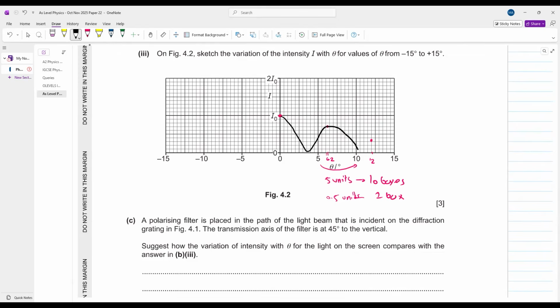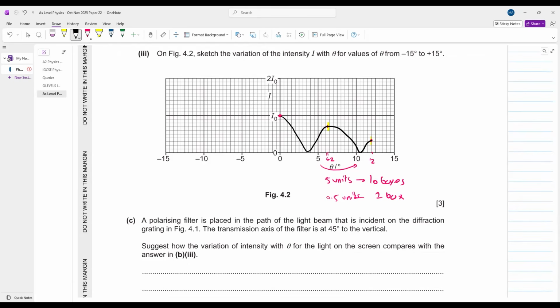Can you realize how did I do this? बेटा कैसे बनाई मैंने ये? Your maximum intensity should be at I naught. Then your peak intensity should again occur at an angle of 6.2 degrees. Then again, your peak intensity should occur at a value of 12 degrees. Simple. इसी तरह वहाँ पे बना लो आप.